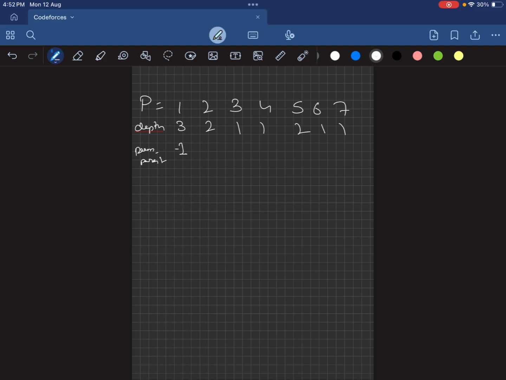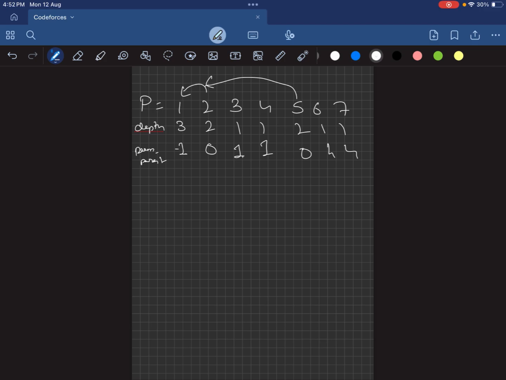The parent of 2 lies on index 0, the parent of 5 lies on index 0, the parent of 3 lies on index 1, and 4 also lies on index 1, the parent of 6 lies on index 4, and so does 7.